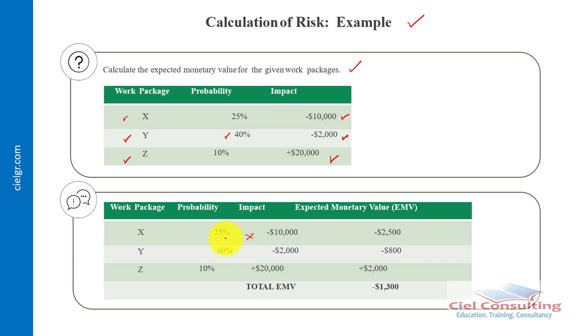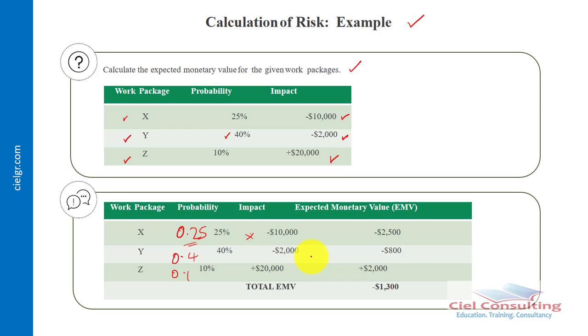Of course, don't forget 25% is the same thing as 0.25 if we're using the decimal place, while 40% is 0.4 and 10% is 0.1. So this is 0.25, that's 25%, times 10,000, which gives us 2,500.